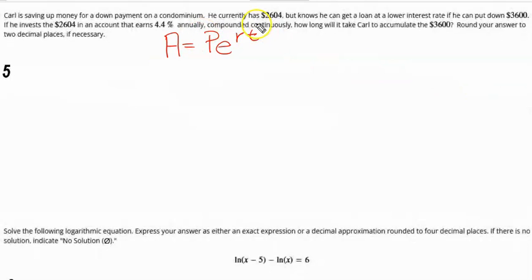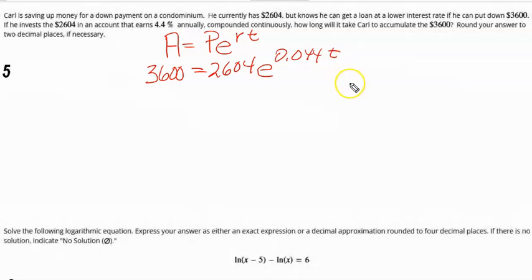So substituting, our future amount will be 3,600. Our initial amount is 2604. Euler's e. Our interest rate is 4%, so that'll be 0.04. And what we don't know is the time.